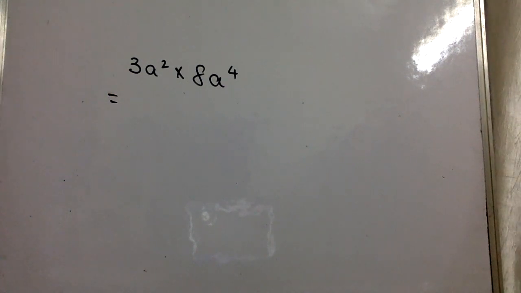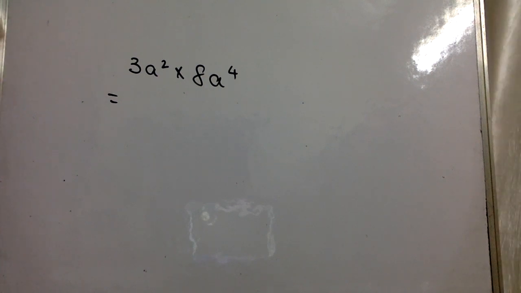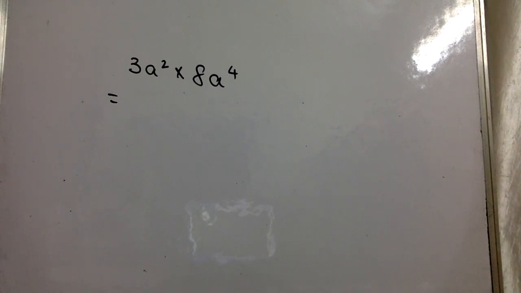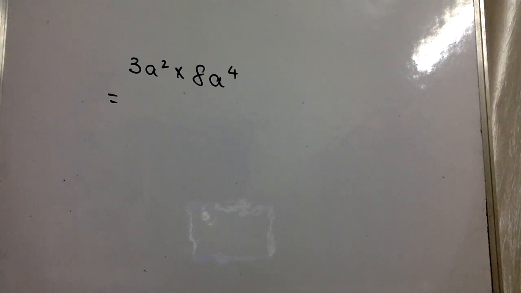Now, this is not at all difficult. Remember one thing, when we were doing addition and subtraction, I had done the horizontal and the vertical method, and I had told you that you have to always write like terms under like terms, and all like terms to be written together.